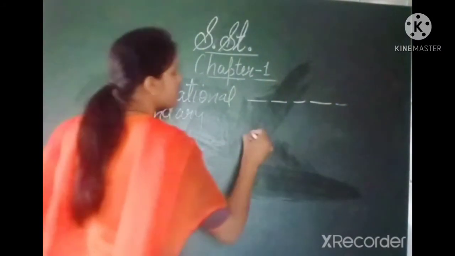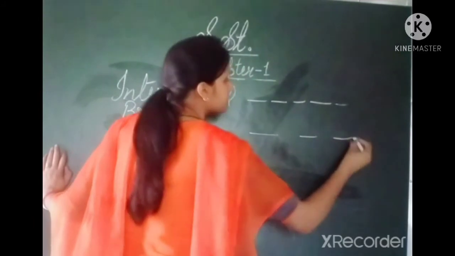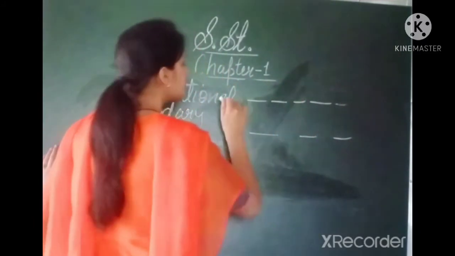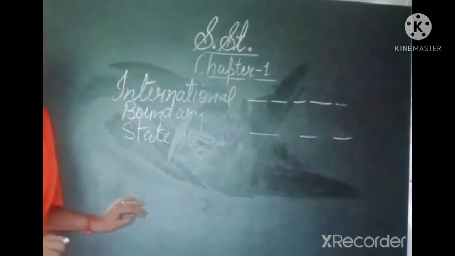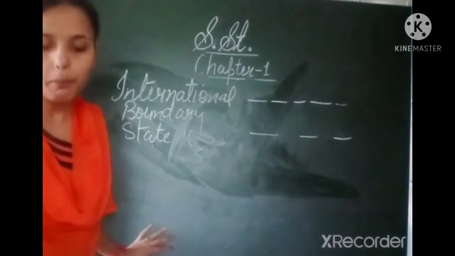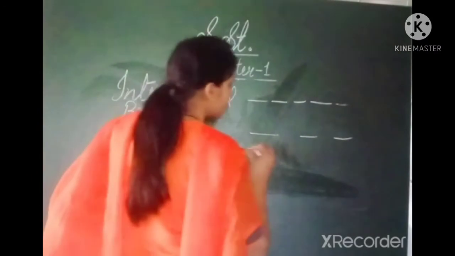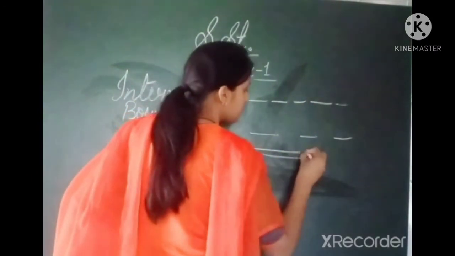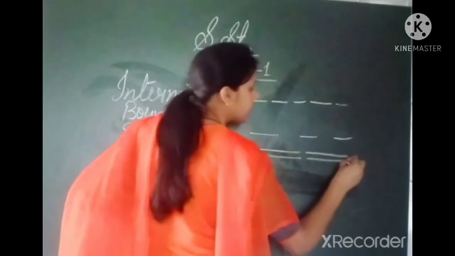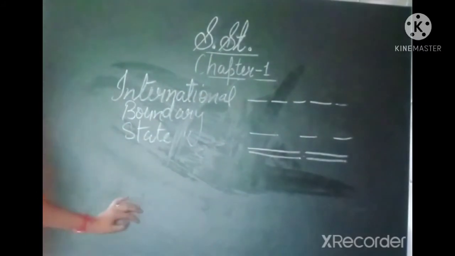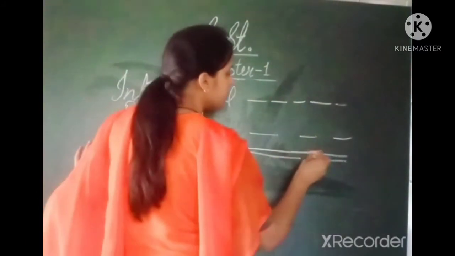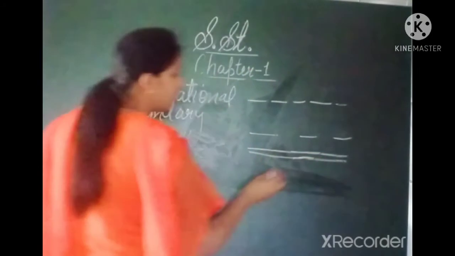The state boundary is shown like this, the gap is more than the international boundary. Now the next one is a metalled road. Metalled roads are shown like this, a double line, parallel lines that are attached.